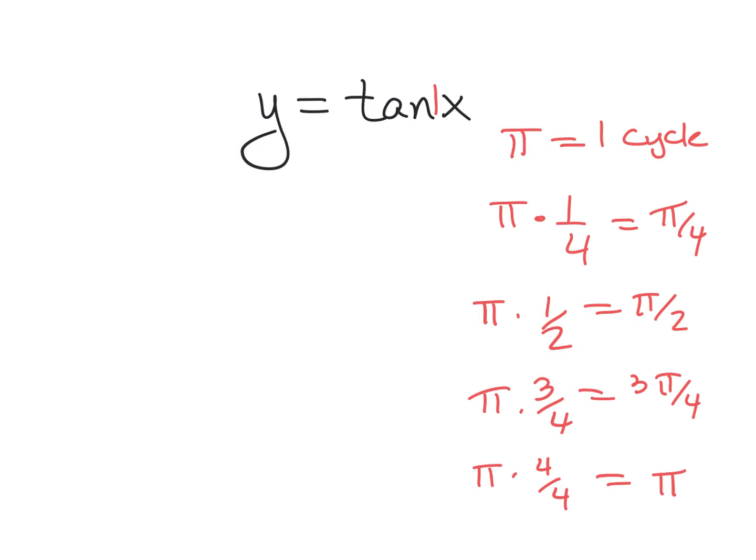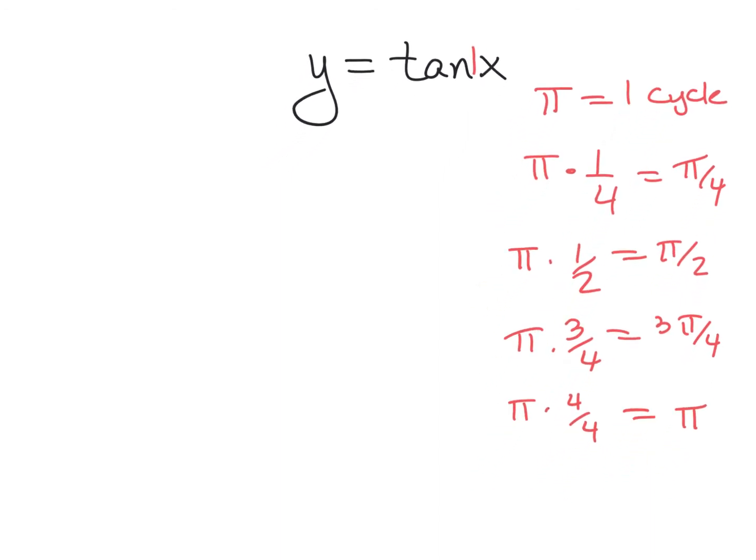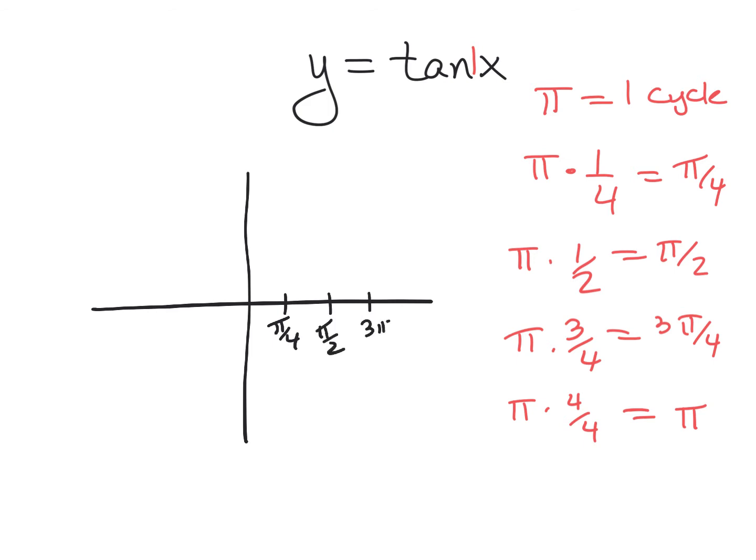Let me put all of these points on my graph. So I have pi over 4, pi over 2, 3 pi over 4, pi, and then the reflection in this direction: negative pi over 4, negative pi over 2, negative 3 pi over 4, and then negative pi.